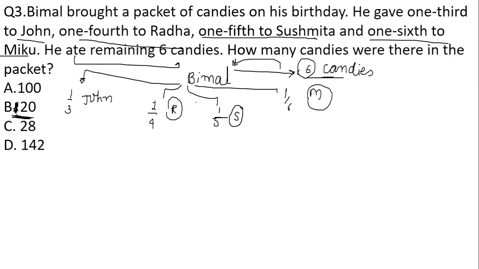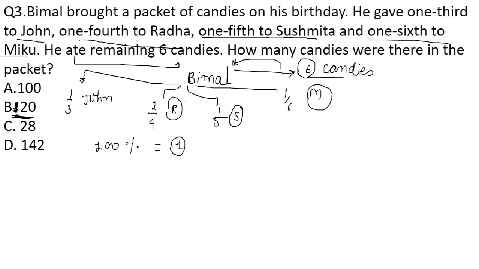So whenever we are solving such type of question, always consider that the initial amount is 100%. Suppose for example Bimal is having 100 chocolates, it means 100% of the quantity is to be considered over there. So this 100% is considered to be 1 unit. From 1 unit he is going to distribute 1/3 of the unit to John, 1/4 of the unit to Radhika, 1/5 to Sushmita, and 1/6 to Miku.